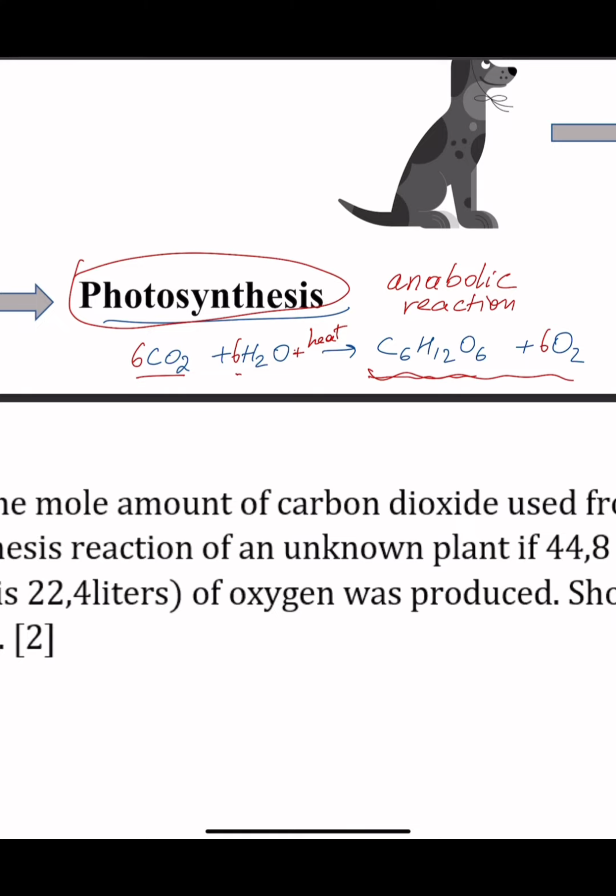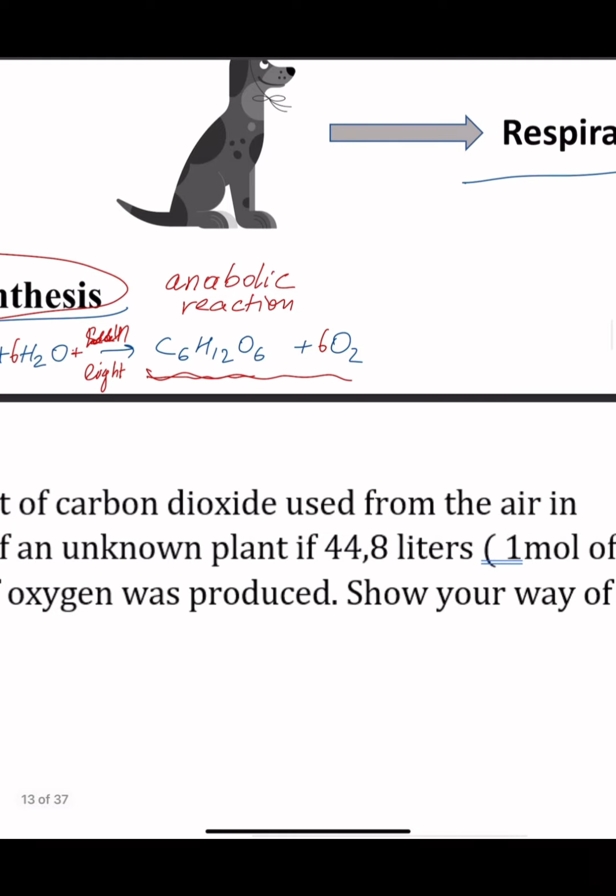Actually, it's not the heat specifically, it's sunlight. Sorry, sunlight. It grabs the sunlight. It's written as hv, and then CO2 and water, and it produces glucose, which is a much more complex structure. That's why it is endothermic.